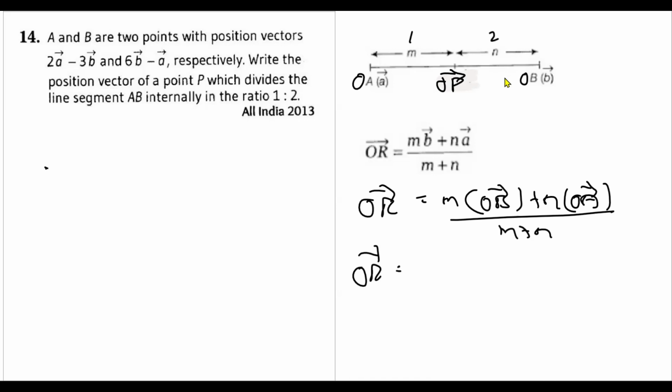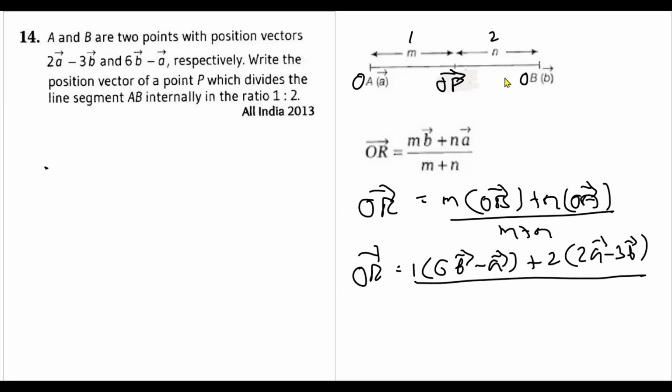So M first, which is 1 times the OB vector, and the OB vector is 6B minus A vector, plus N which is 2 times OA, and OA is 2A minus 3B. That whole divided by M plus N, which is 2 plus 1, that is 3.